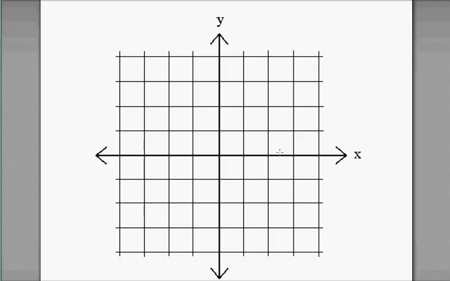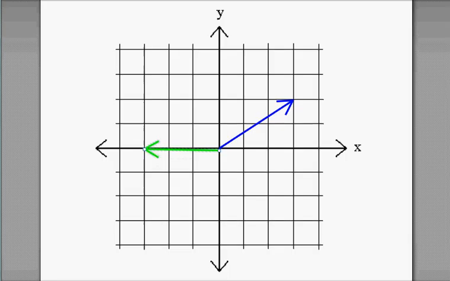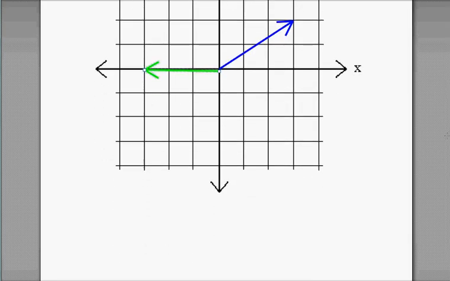What I want you to do, take this vector, and then I'm going to come over here. I want you to take this vector. Let's make it like this. Okay. The first thing I want you to do, I want you to find the magnitude of the resultant.